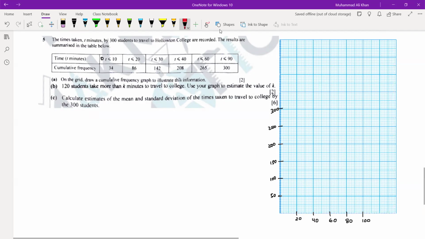Now, the first 0 is 0. Second, 10 is 34.